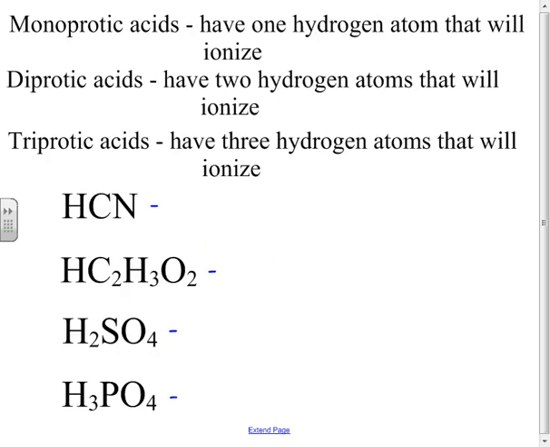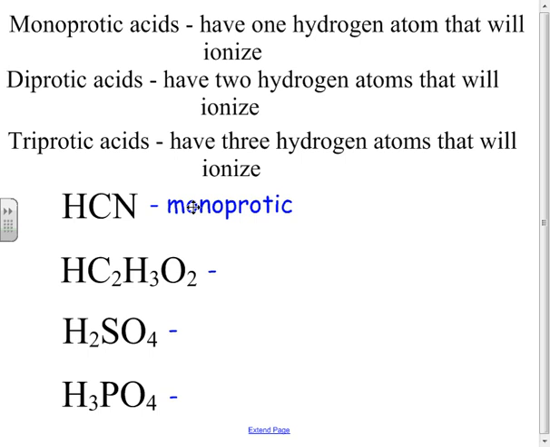Monoprotic acids are defined as those acids that have only one hydrogen atom that will ionize. Diprotic acids have two protons or hydrogen atoms that will ionize, and triprotic have three, so mono 1, di 2, tri 3. And so HCN is a monoprotic acid having only one hydrogen.